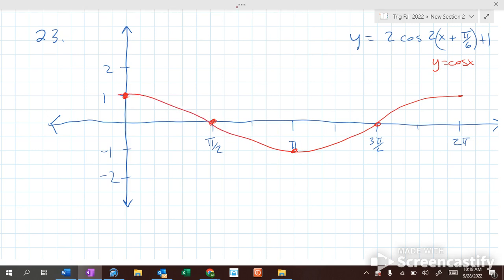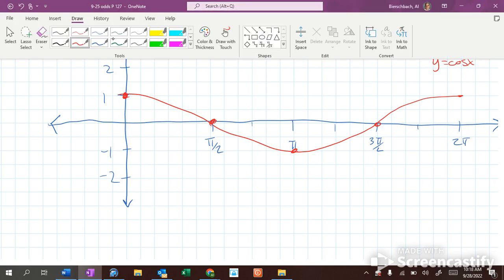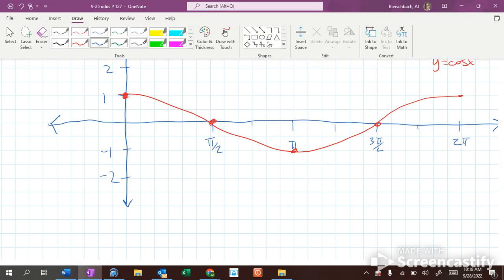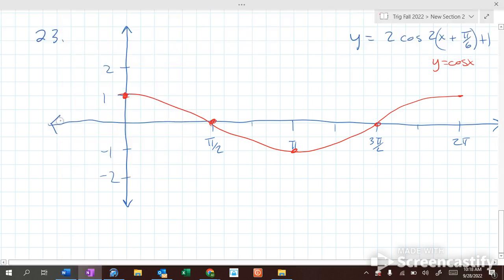All right. Then after that, I'm going to make everything twice as skinny. No, twice as tall. So I'm going to go y equals 2 cosine of x. Because the 2 out in front is a, it does amplitude, so it makes everything twice as tall.